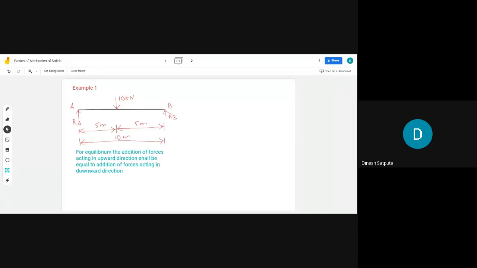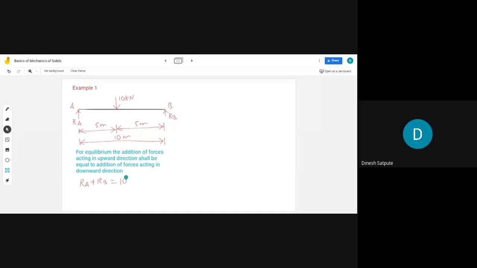So it is very simple to note the equation, that is RA plus RB. Summation of forces going in upward direction should be equal to summation of forces going in downward direction. How many forces are going in downward direction? One force is acting. What is the value of that? 10 kilonewton.